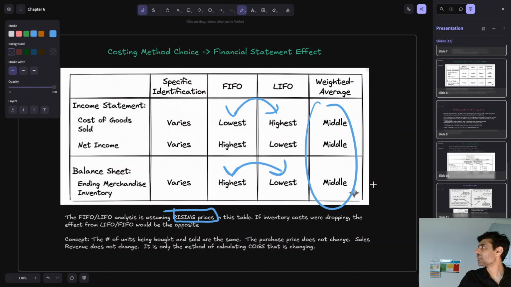Metals, maybe some definitely have a trend of going up over time, but there are some that fluctuate depending on supply and demand. So if it's mixed, then you can't really say between FIFO and LIFO what's going to be the case. If you have a constantly fluctuating inventory, then it's going to be unclear which one is going to result in higher or lower net income.